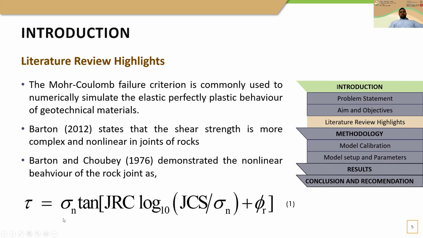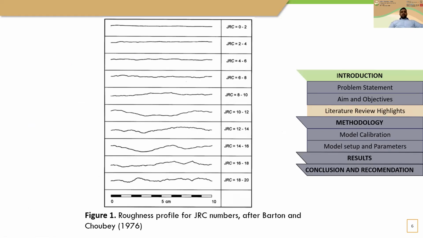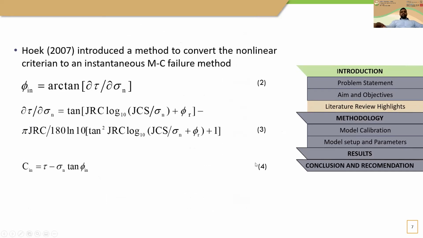In equation 1, sigma n is the normal stress, JRC is the joint roughness coefficient, JCS is the joint compressive strength, and phi r is the joint residual friction angle. Here you can see the undulation profiles, and based on these profiles there is a corresponding JRC number.